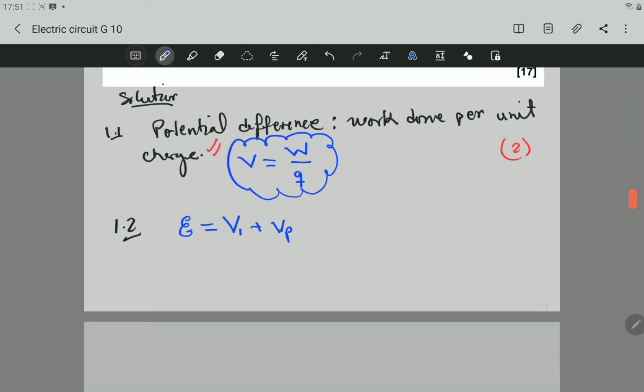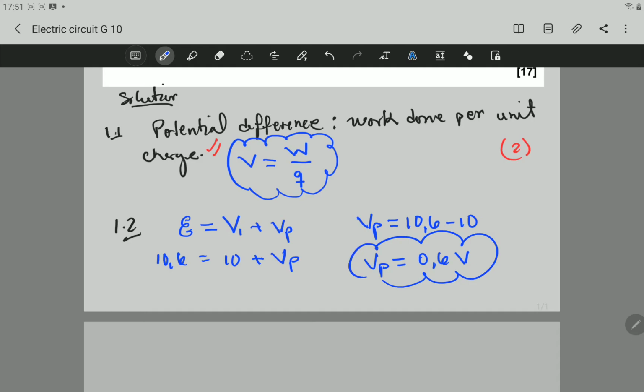If you substitute here, you have that 10.6 is equal to 10 plus the potential difference in parallel. So the potential difference in parallel is equal to 10.6 minus 10, which is 0.6 volts.